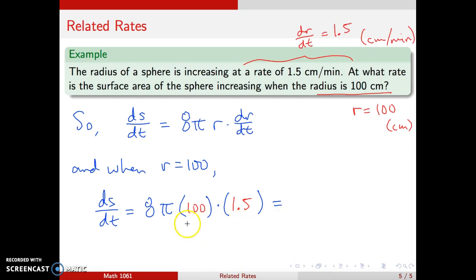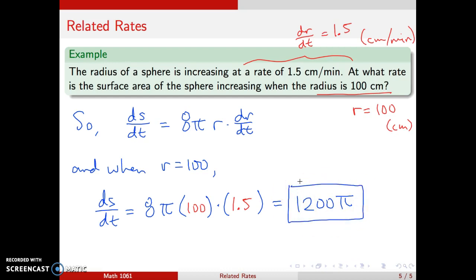I might do 8 times 1.5, 1/2 of 8 is 12. So it looks like it's 1200 pi. Maybe that number doesn't mean a lot to us. Some of these things are difficult to interpret when we're not used to the units, but that is our answer.